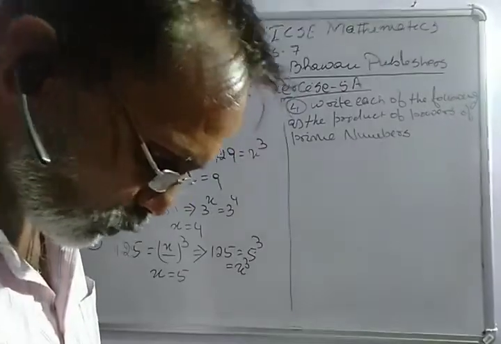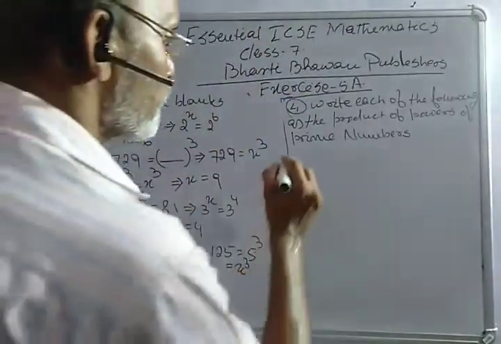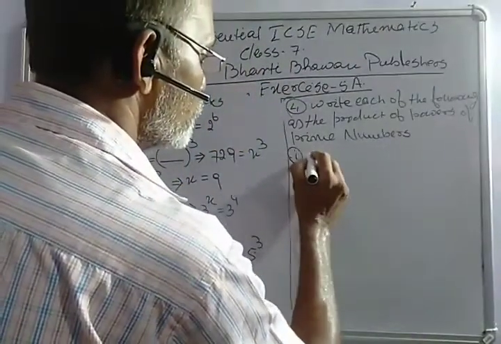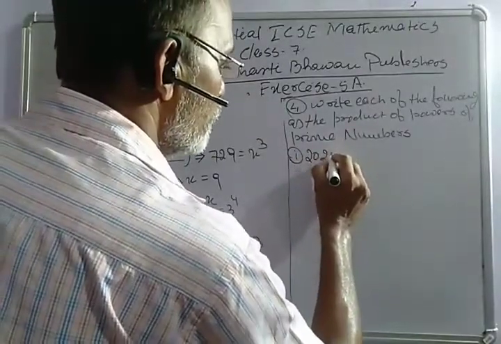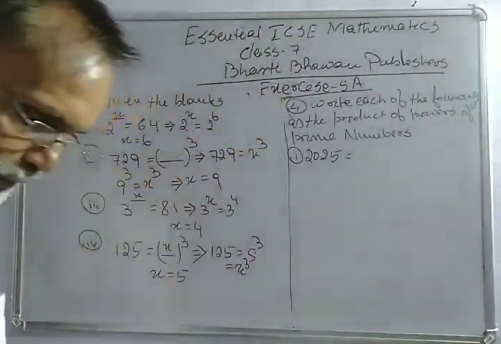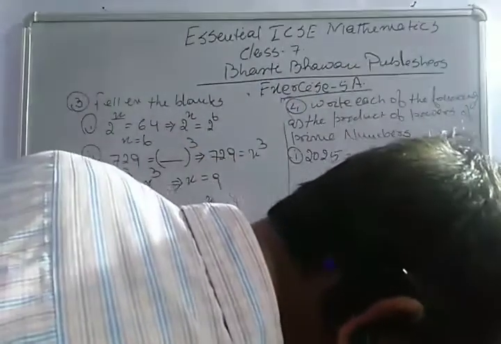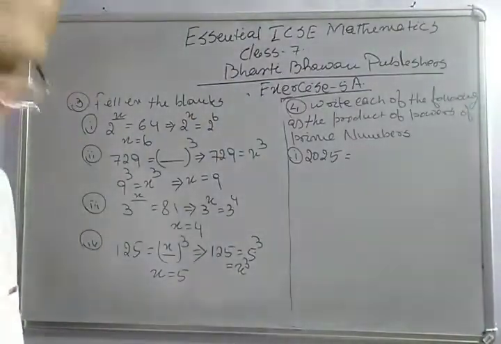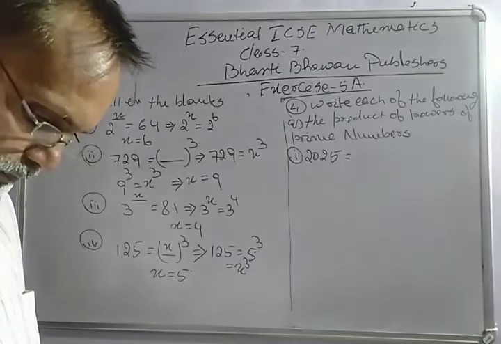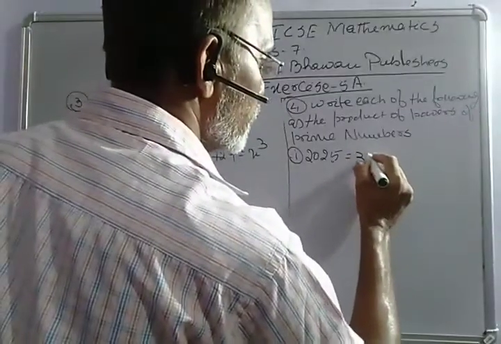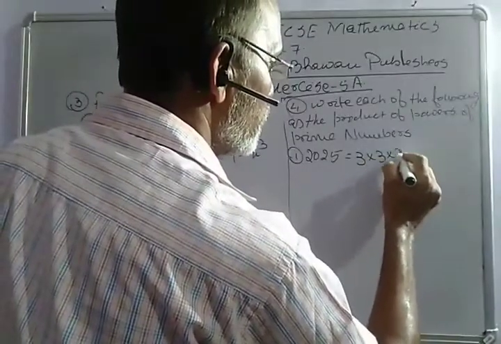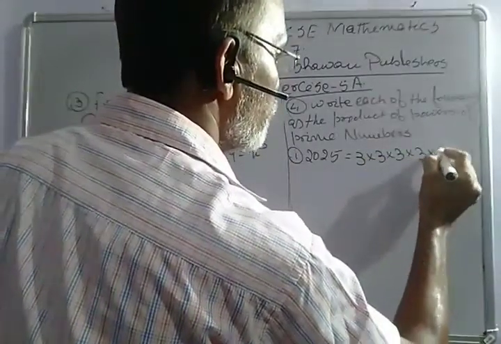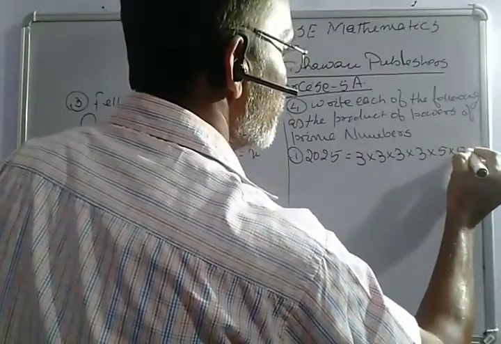So this is 2025, number 4 part 1. 2025 will be equal to 3 into 3 into 3 into 3 into 5 into 5 into 1.